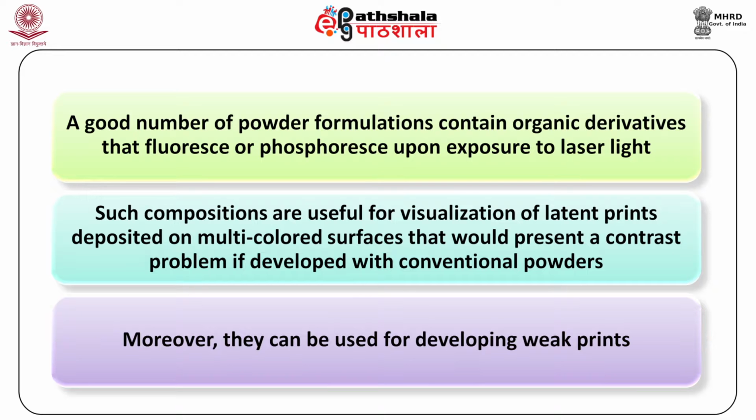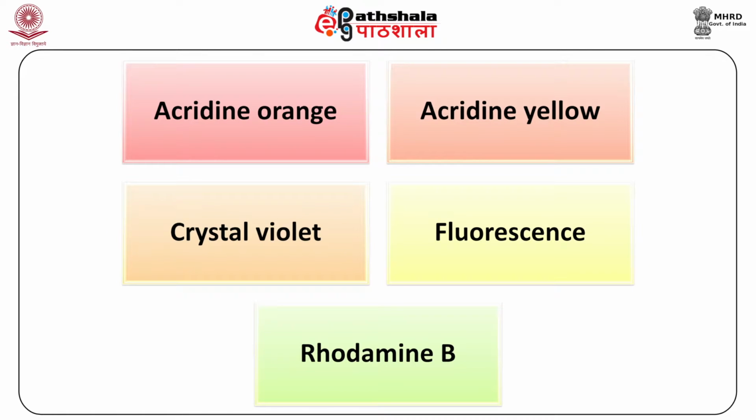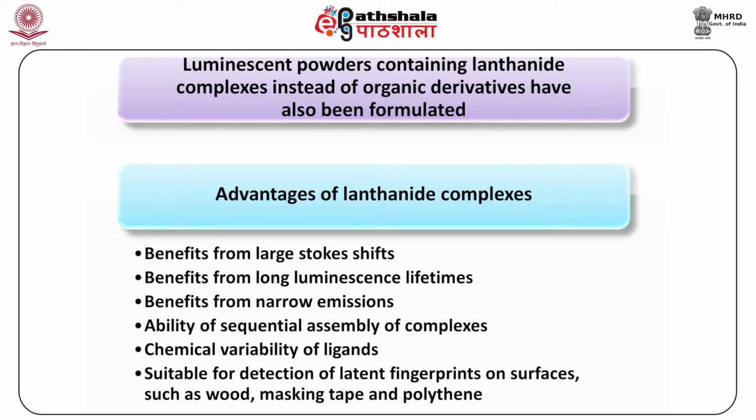Moreover, they can be used for developing weak prints. Some common organic compounds which have been used for preparing luminescent powders are acridine orange, acridine yellow, crystal violet, fluorescein, and rhodamine B. Luminescent powders containing lanthanide complexes instead of organic derivatives have also been formulated.